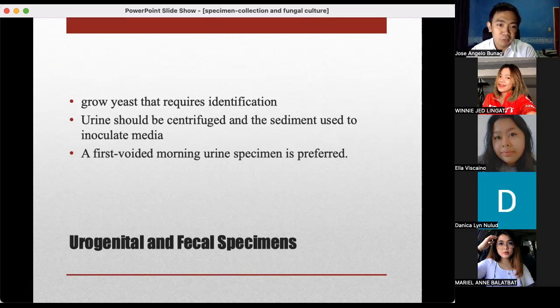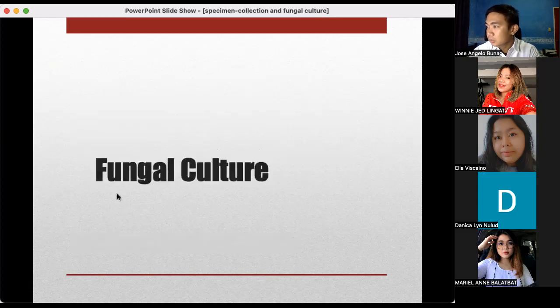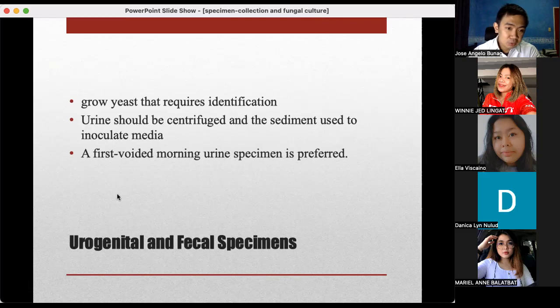So first morning voided urine is the specimen preferred because it contains a high concentration of the urine analytes, and we can also use your clean catch, suprapubic sample. Okay, if I may just add, you could also use mga prostatic secretion.